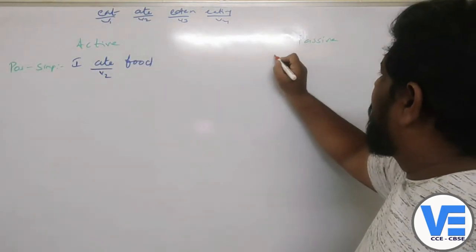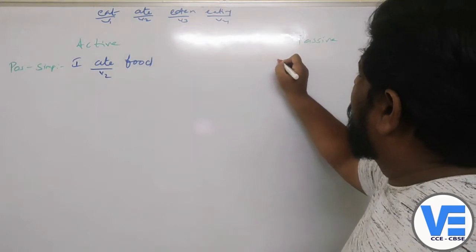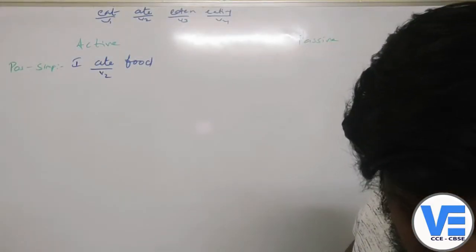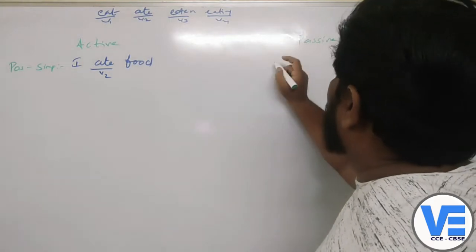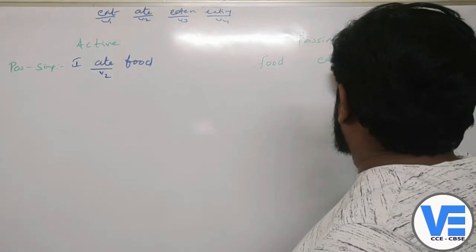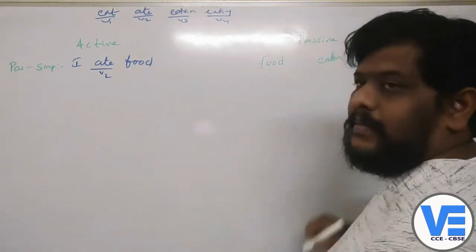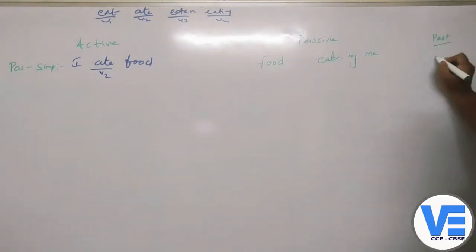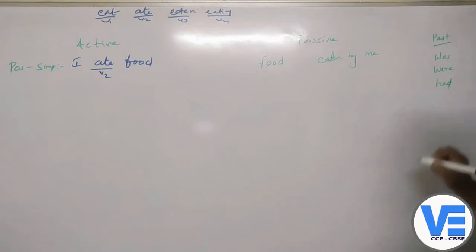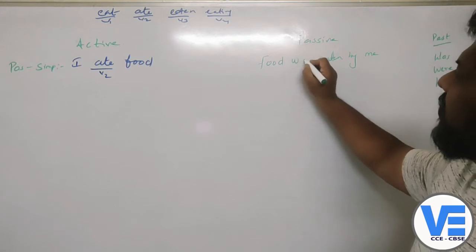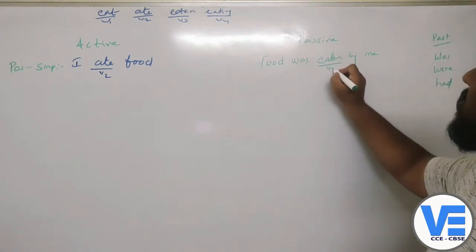Here, I ate food. So food will become the subject: food was eaten by me. Already I have said that in the past tense, the helping verbs we use are was, were and had. Here food is singular, so we use was. And this is always V3, as we have learned yesterday.